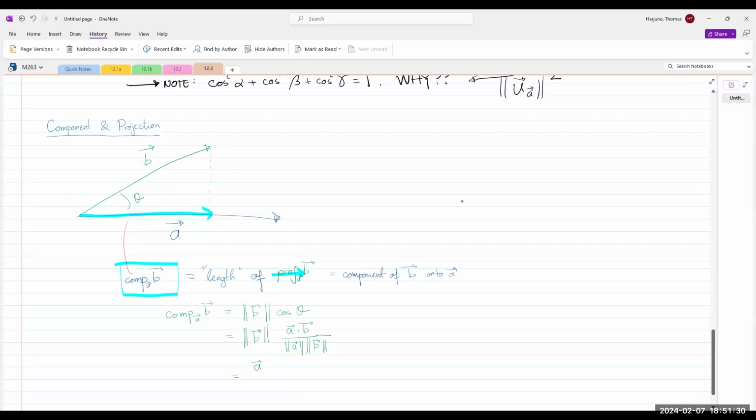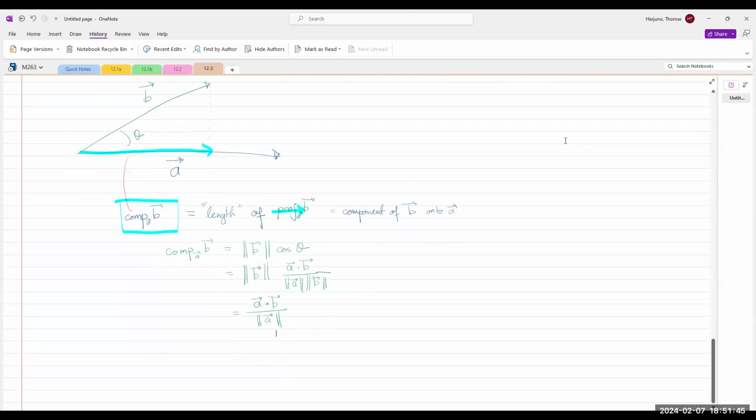So we get A dot B divided by magnitude of A. That's the formula we use the most. Component of vector B onto A. This is the formula we use the most.